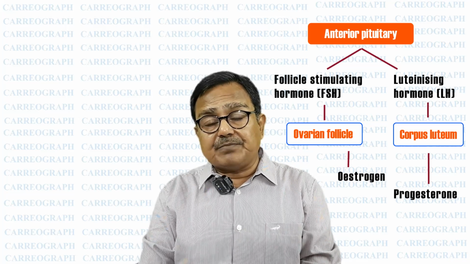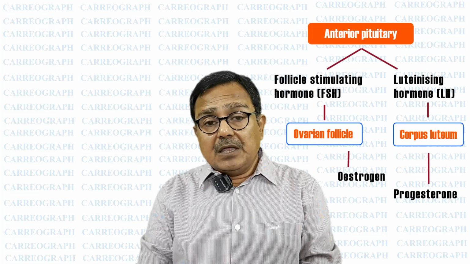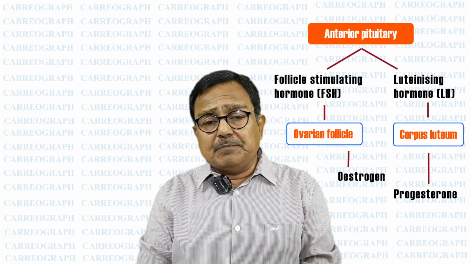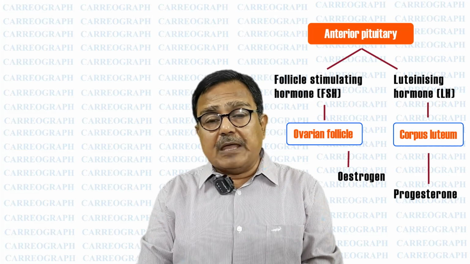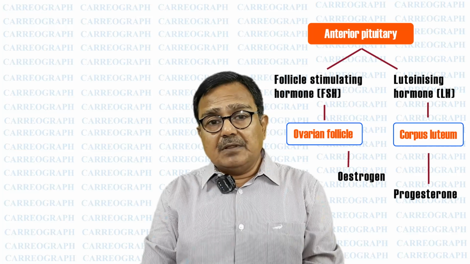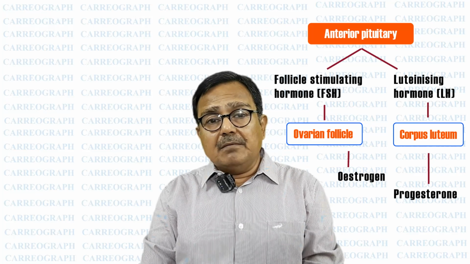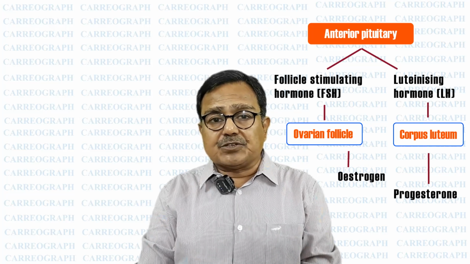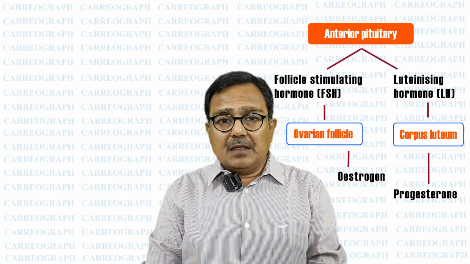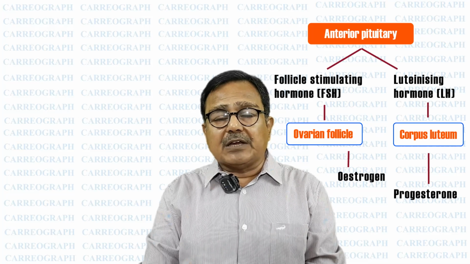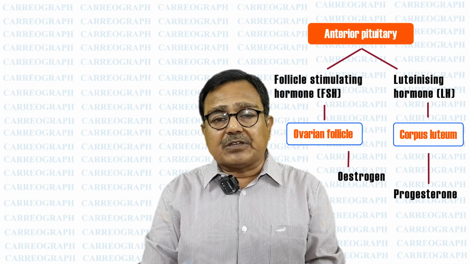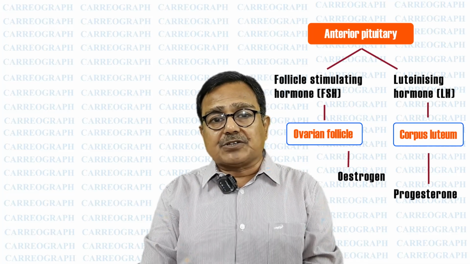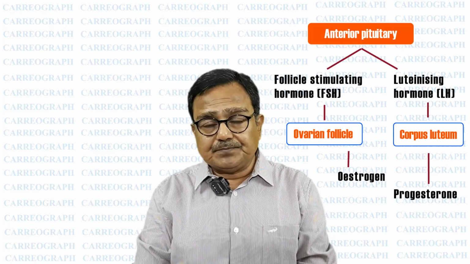Now, what is the function of this estrogen hormone? Estrogen prepares the bed for the baby in the endometrium. In medical terminology, we call it proliferation of the endometrium. Commonly, we can say preparing the bed for the baby in the endometrium is a function of estrogen hormone.